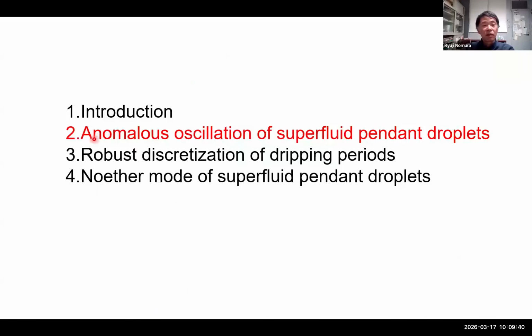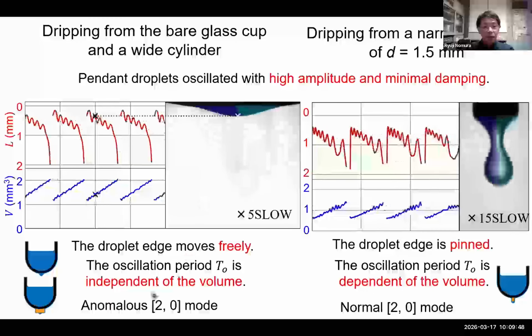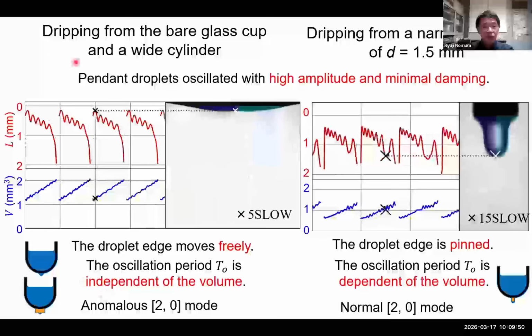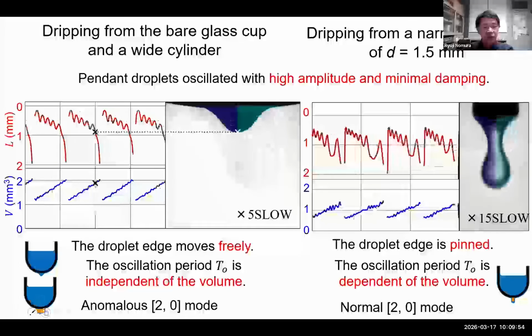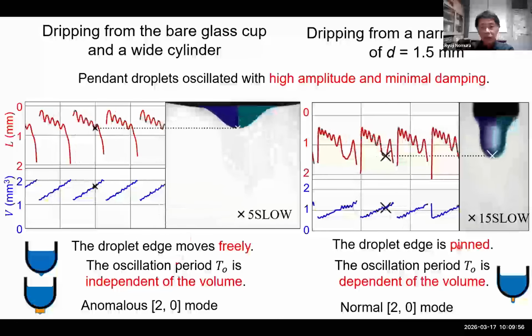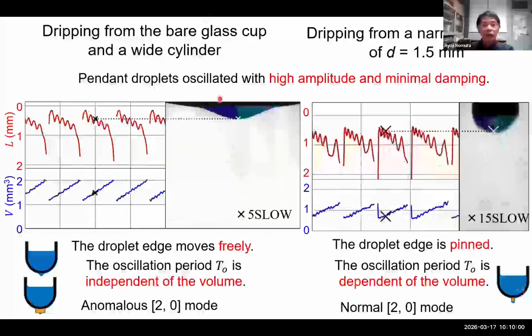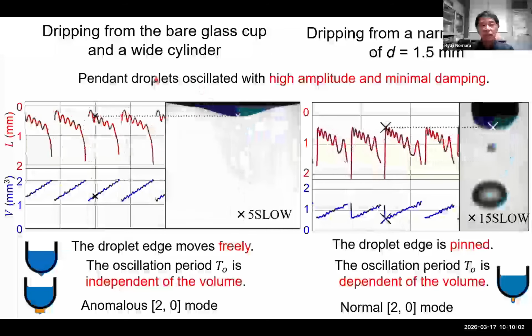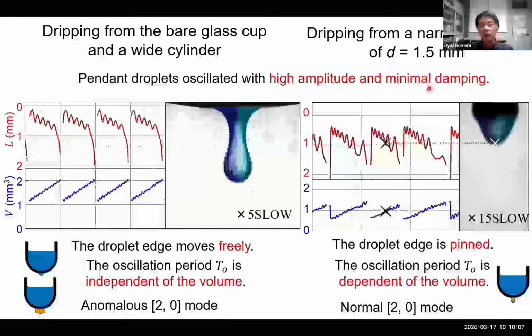Next, let me explain the anomalous oscillation of the superfluid pendant droplet. This is for the bare cup or the wide cylinder case, and this is for the narrow cylinder case. In both cases, the pendant droplet oscillated with a high amplitude and minimal damping.